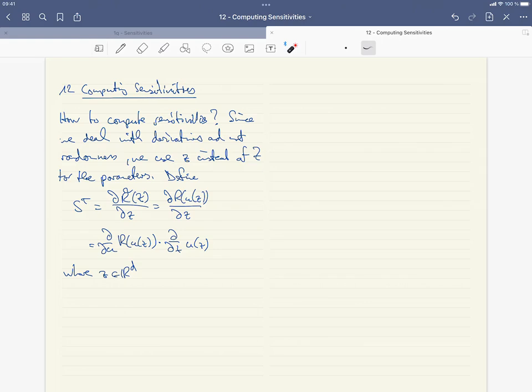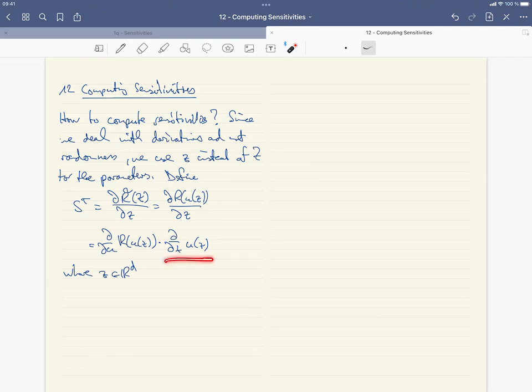That's easy enough. If I look at these derivatives, the first one is easy to compute, right? So I have a quantity of interest which I compute from u, for example, the expected value of u. So this one is actually simple to compute.